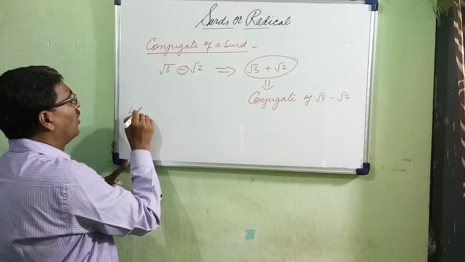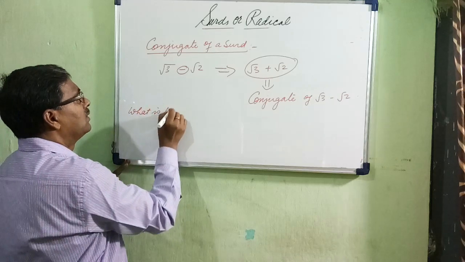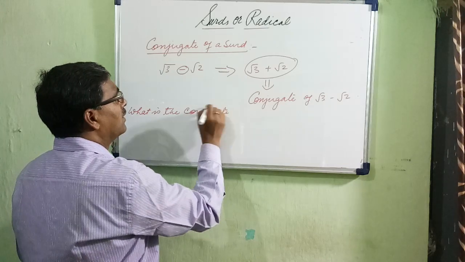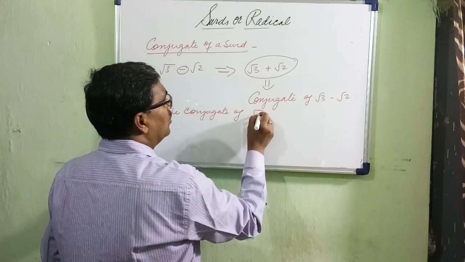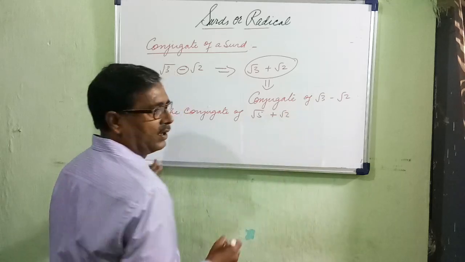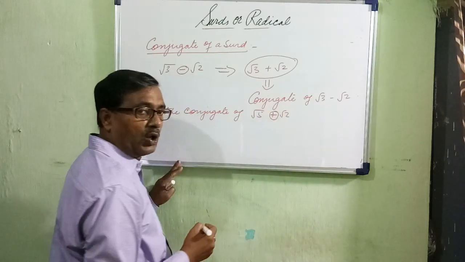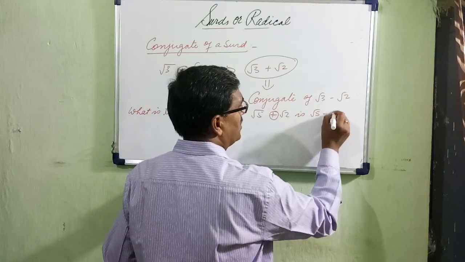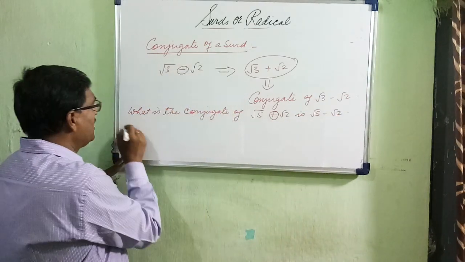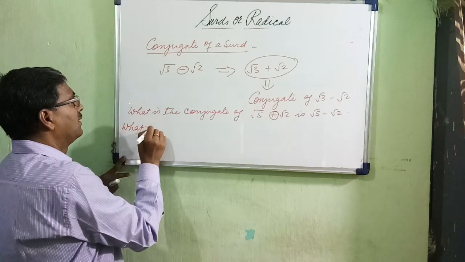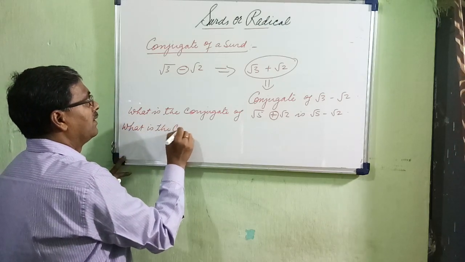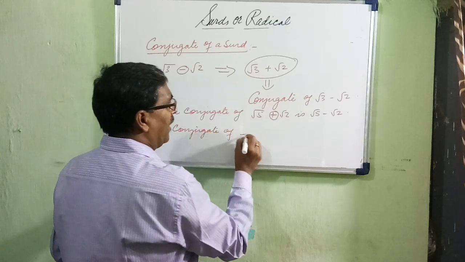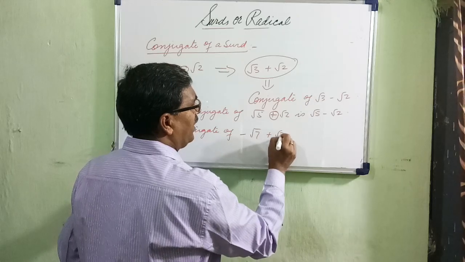What is the conjugate of root 5 plus root 2? Negative of this is called the conjugate. This is root 5 minus root 2. What is the conjugate of minus root 7 plus root 3?